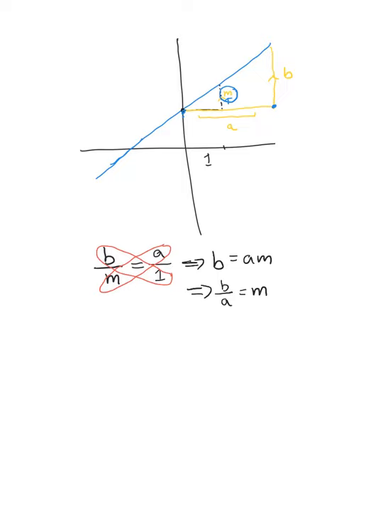If this point here on your line had coordinates x1, y1, and this point was x2, y2, then you could figure out this m, this slope.